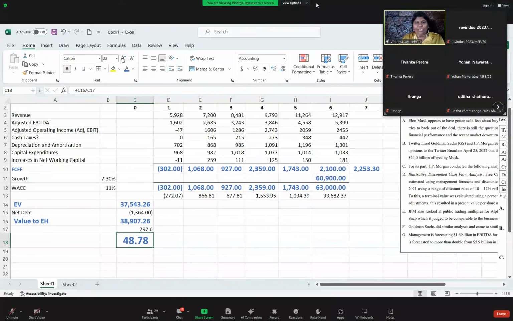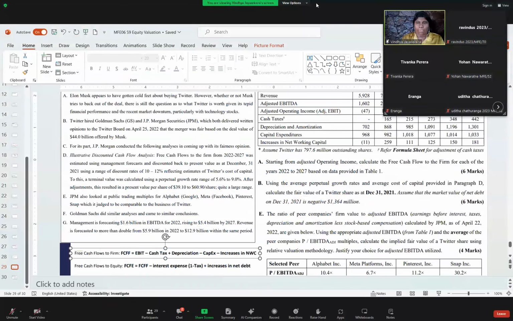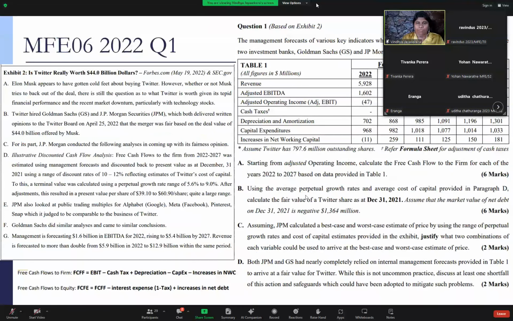According to the valuation, the share is worth $48.78 per share. Any questions here? Okay. So we've come up with the value of a Twitter share, one scenario of the value of a Twitter share.